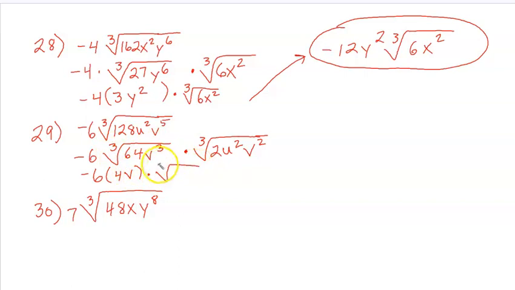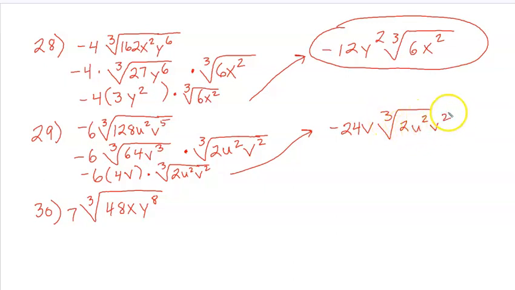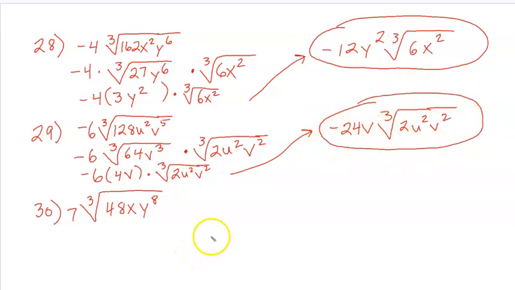And that will again be multiplied by the cube root of 2u squared v squared. And then to get our final answer, I'll come up here again. Negative 6 times 4 is negative 24v. And then that'll be multiplied by the cube root of 2u squared v squared. That's your answer for number 29.